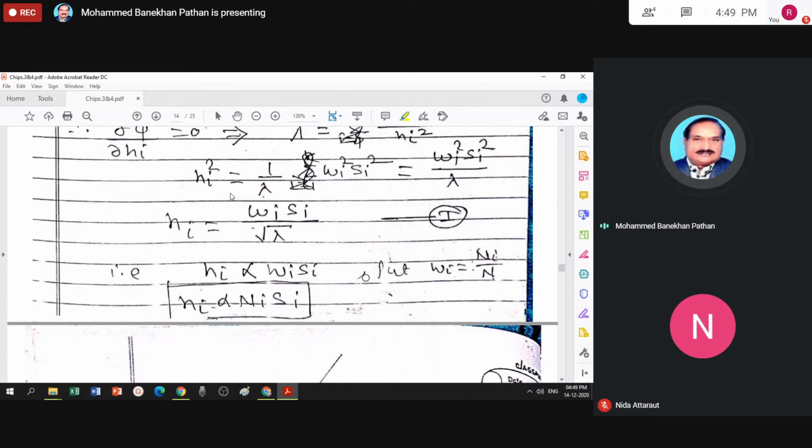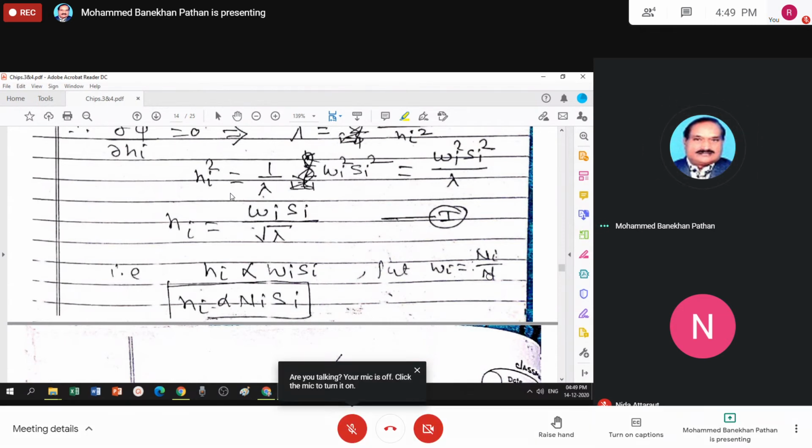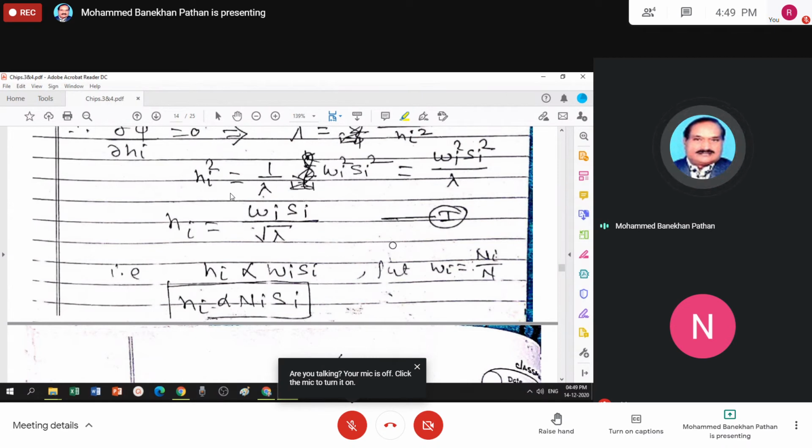What is Wi? It is the weight for the ith stratum, capital Ni upon capital N. So if I put it here, capital N is again fixed. So it is a new constant that is absorbed with this proportional symbol. So Ni is directly proportional to capital Ni multiplied by capital Si.